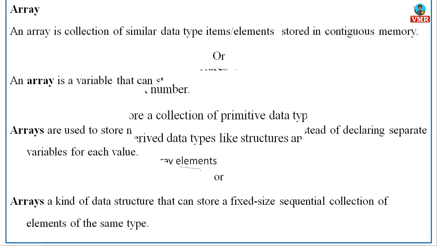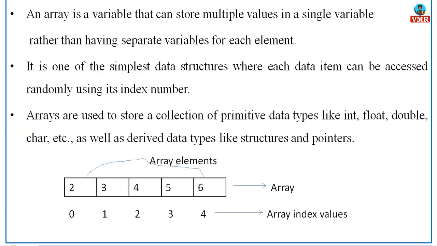Next, an array is a variable that can store multiple values in a single variable rather than having separate variables for each element. If you look at this example, you can give any name for this array. My values here are 2, 3, 4, 5, 6. This array representation will generally be in the form of cells.